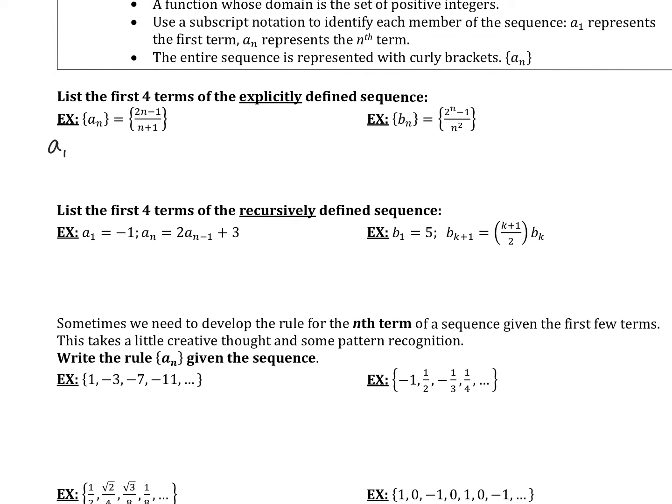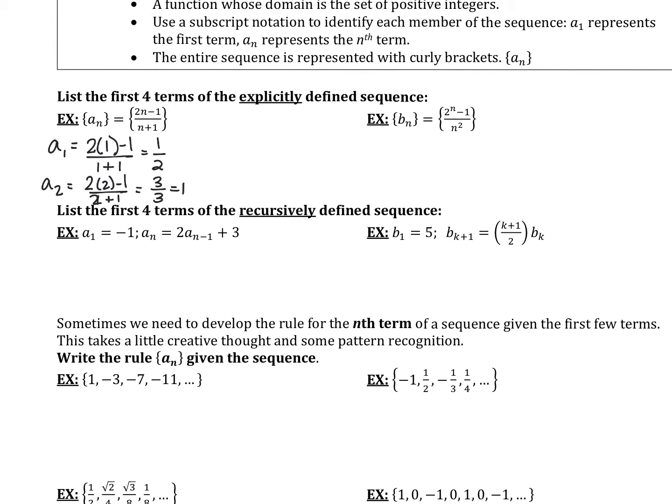So the first term, A sub 1, we find when we plug in 1 for n. 2 minus 1 is 1 over the denominator of 2. So the first term, the A sub 1 term, is 1/2. The second term would be 2 times 2 minus 1, over 2 plus 1. So 4 minus 1 is 3 over 3, or 1.